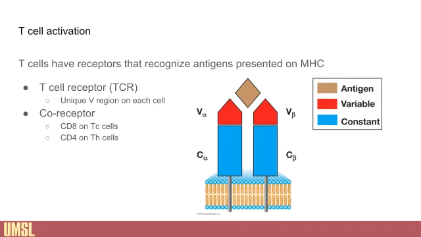for appropriate activation. And so what defines some of the specificity is that all of these T cells produce T cell receptors, but importantly, there are, again, different CD co-receptors on different T cell types.